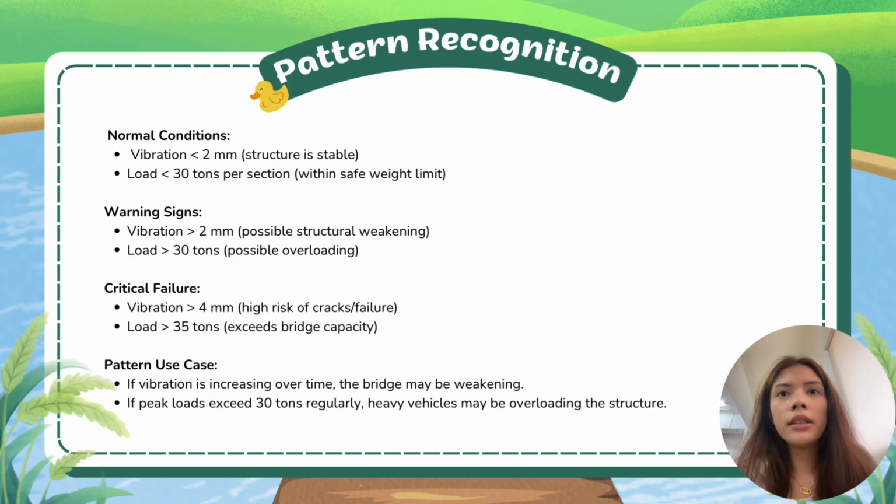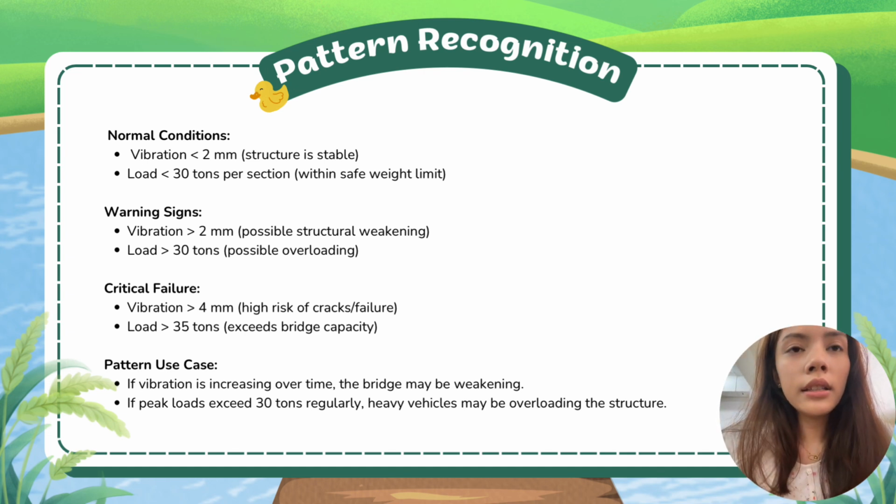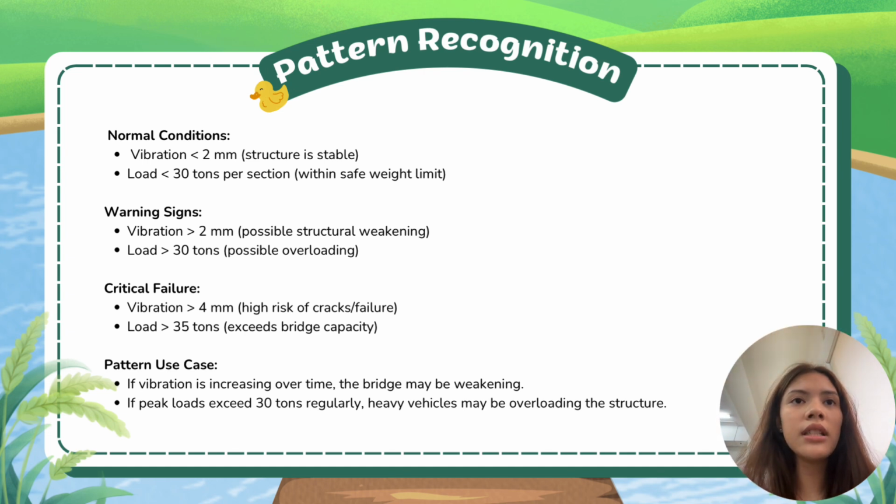The pattern recognition. There are three conditions. First is normal conditions. The vibration is less than 2 millimeters. The structure is stable. And the load is less than 30 tons per section, within safe weight limits. For the warning sign conditions, the vibration is more than 2 millimeters and the load is more than 30 tons.